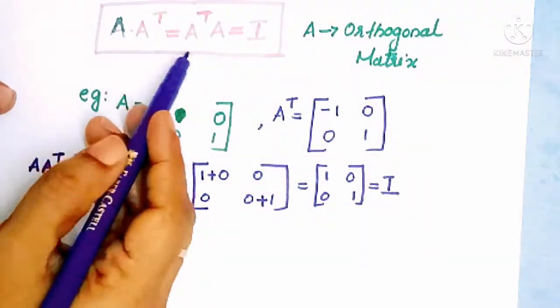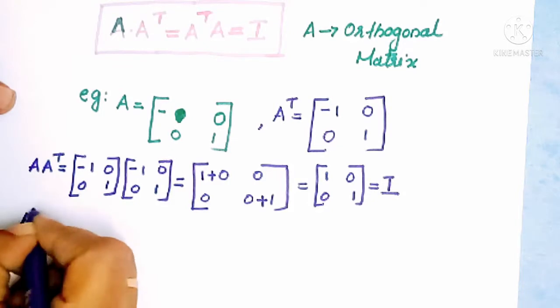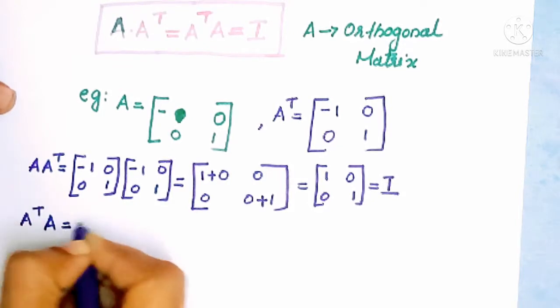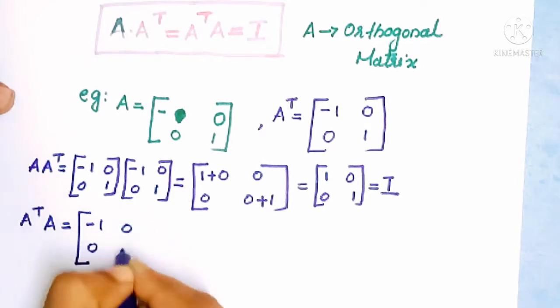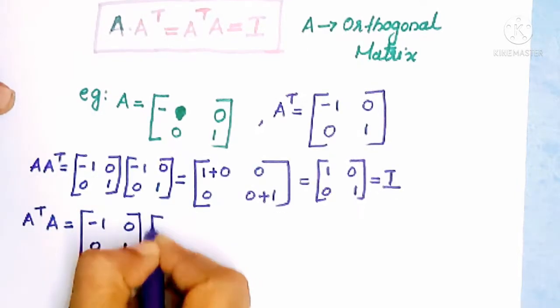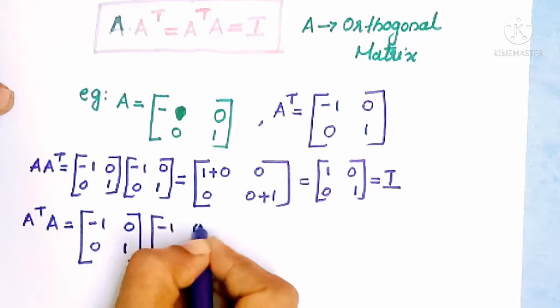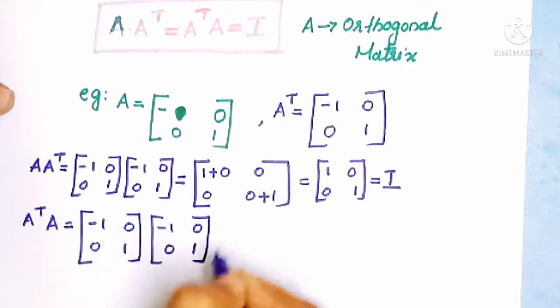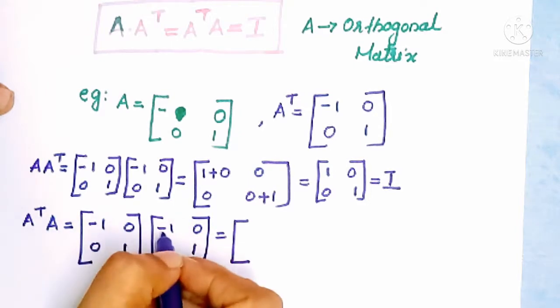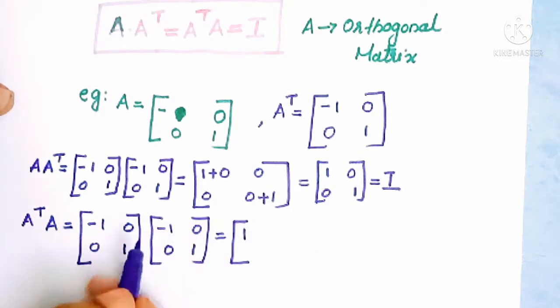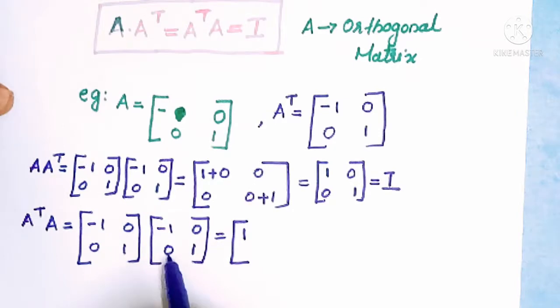So here we get A into A transpose becomes the unit matrix I. Next we can check A transpose into A. A transpose is [-1 0; 0 1] and A is [-1 0; 0 1]. -1 into -1 becomes 1. Then 0 into 0 becomes 0.